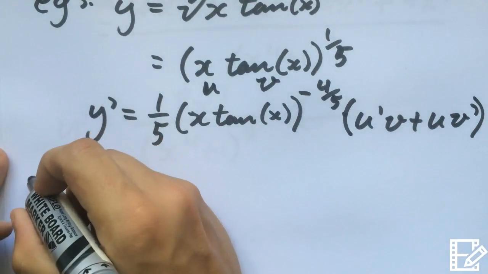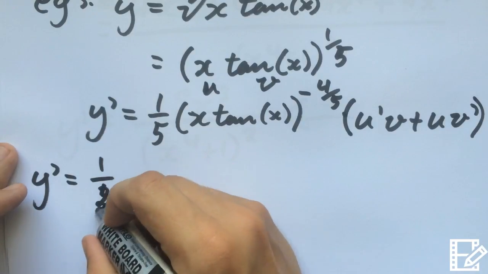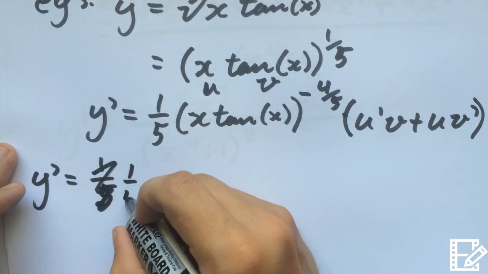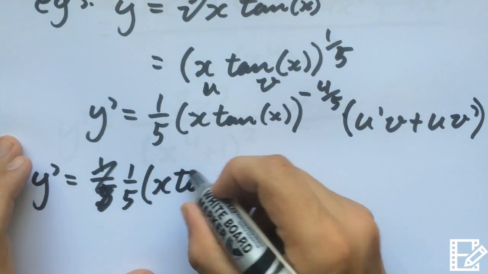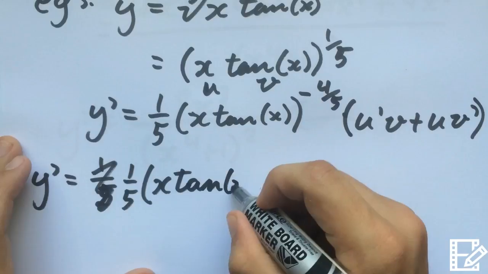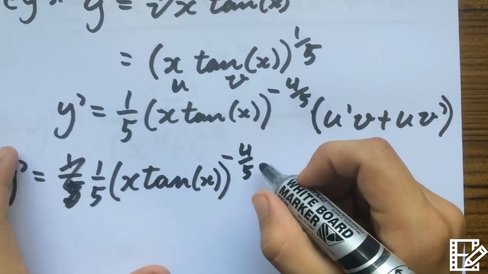Okay, I'm going to rewrite this and give myself a bit more room. 1 over 5 multiplied by x tan x to the power of negative 4 over 5.